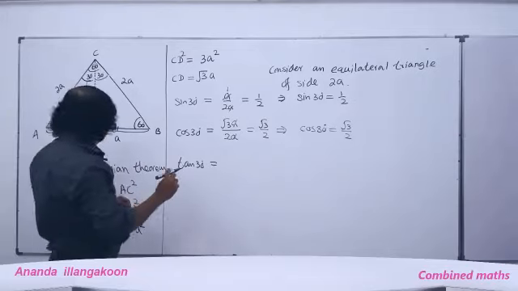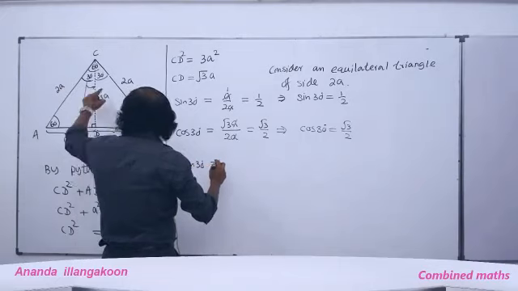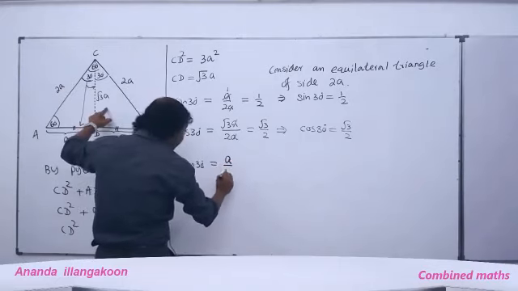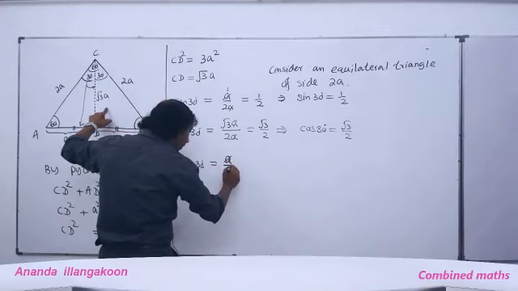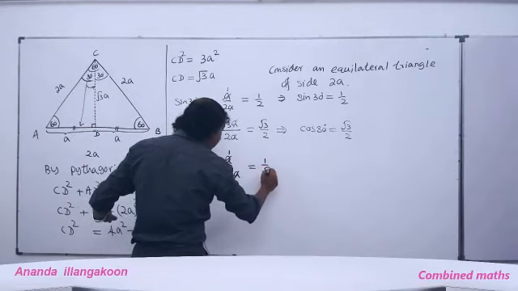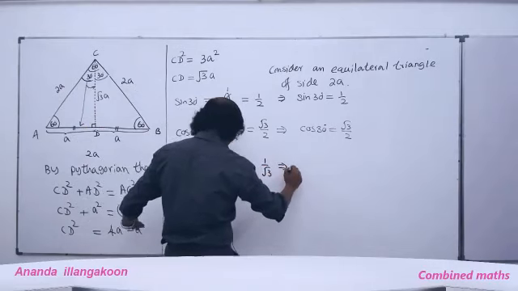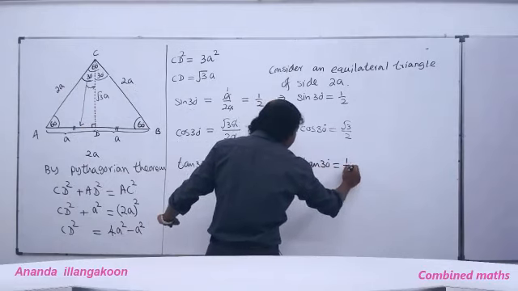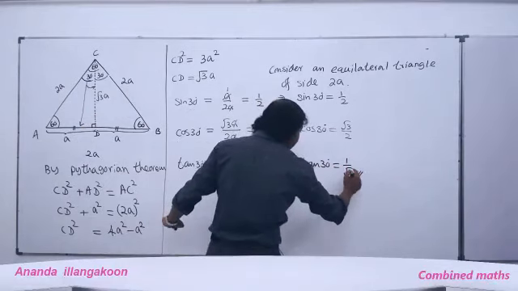Right, people. Tan 30. Opposite side divided by the adjacent side. A divided by root 3A. Cancellation. This and this, we get 1 upon root 3. This gives us tan 30 is 1 over root 3. Right.